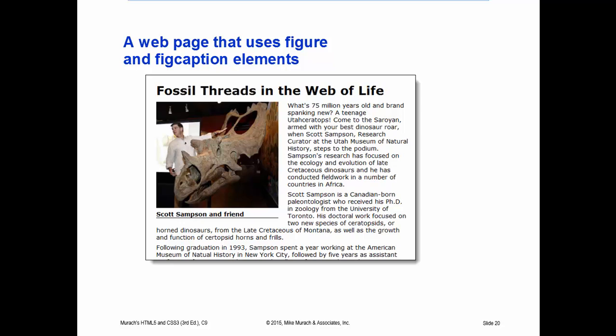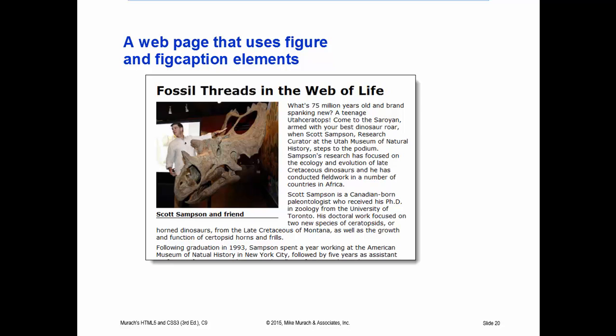Now, you can get the same results without using the figure and figcaption elements. You can do it almost straight in CSS, but the recommendation is not to do that. With HTML5, among other things that were added were the figure element and the figcaption element. They're semantic elements.